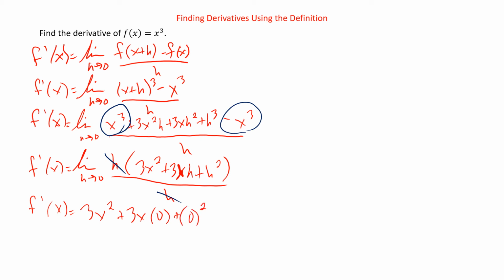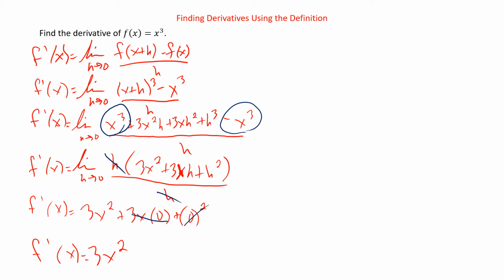Well, 3x times 0 is 0. 0 squared is 0. Those go away. So we're left with f prime of x equals 3x squared. That is the derivative for x cubed.